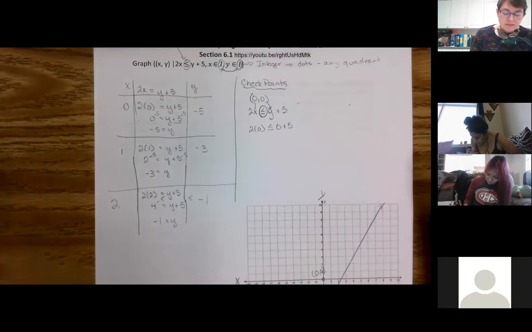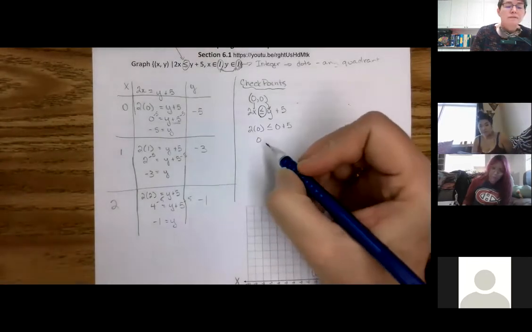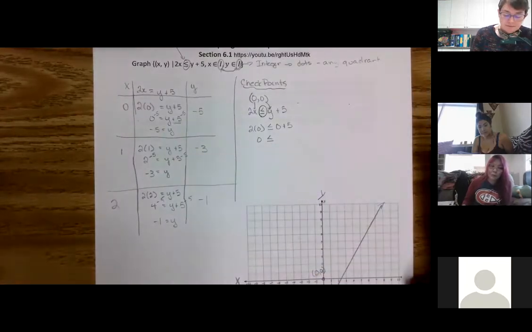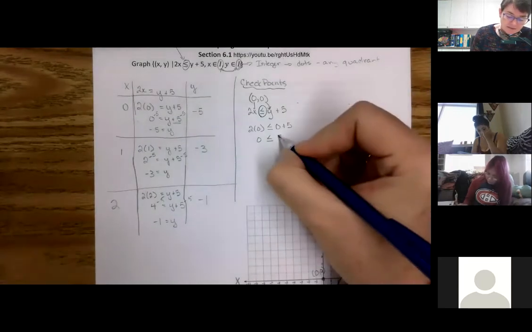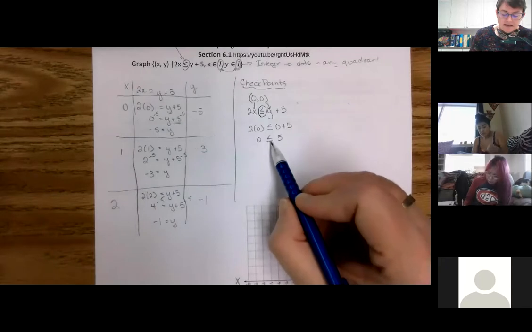Ayla, what's 2 times 0? 0. Yes. Now don't disappear. You're fast. Okay, what's 0 plus 5, Ayla? 5. Yes. Okay, so this says 0 is less than or equal to 5.